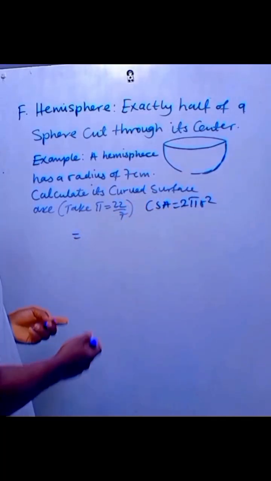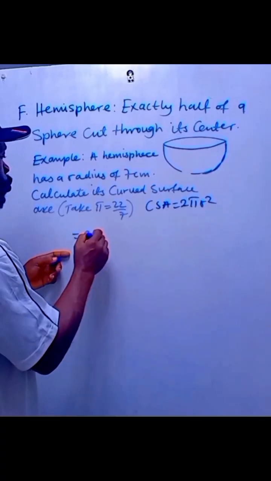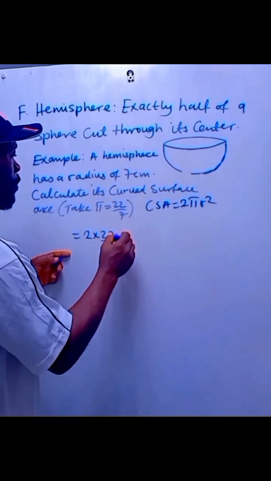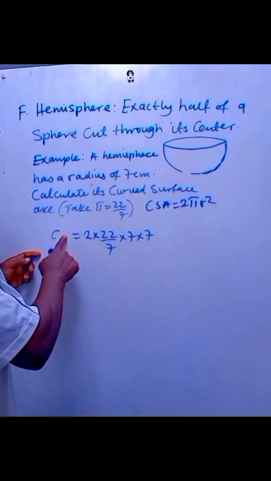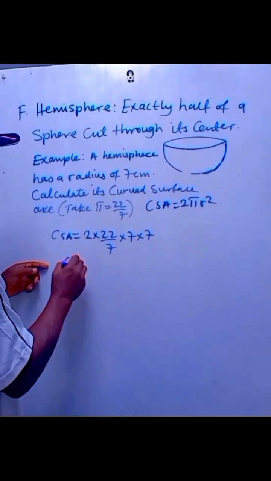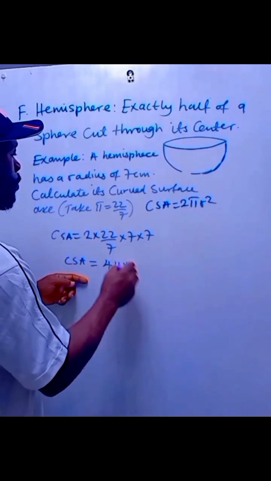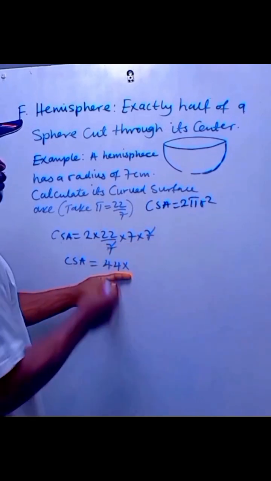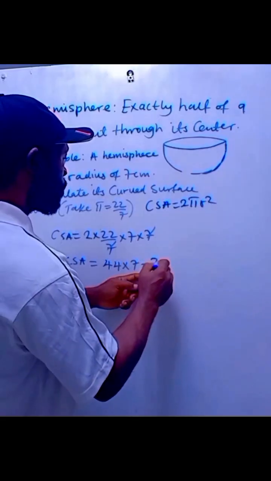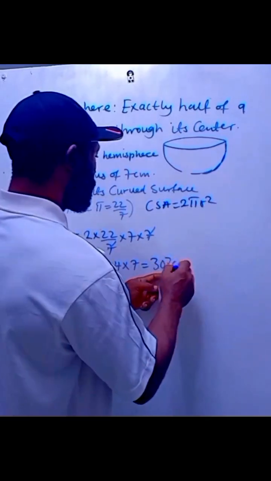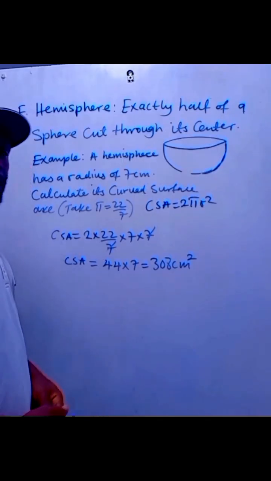If we substitute values into that equation, the expression becomes 2 multiplied by 22 all over 7 multiplied by 7 multiplied by 7. Therefore, the curved surface area is equal to 44 multiplied by 7, which is equal to 308 centimeters squared, or 308 square centimeters.